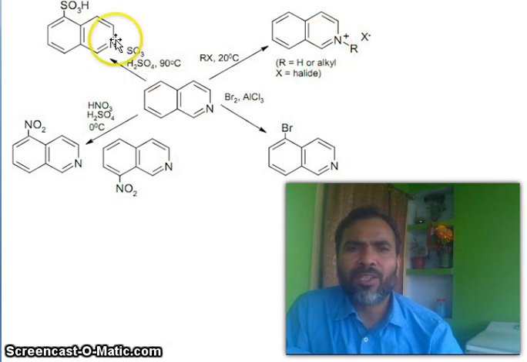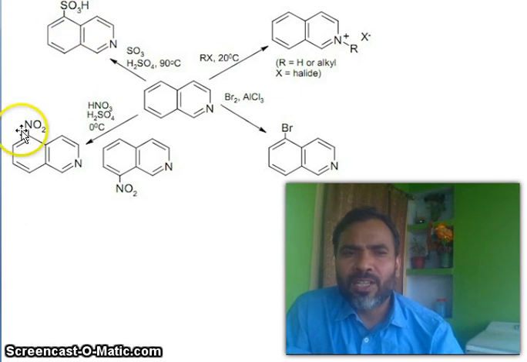If you have sulfonation, you see this 1, 2, 3, 4, and this is the fifth position. So at the fifth position SO3 sulfonation occurs, nitration also occurs at the fifth position, and this is the 6, 7, 8 positions, also it occurs, two products will be obtained, and from bromination you will also get the fifth position brominated isoquinoline.